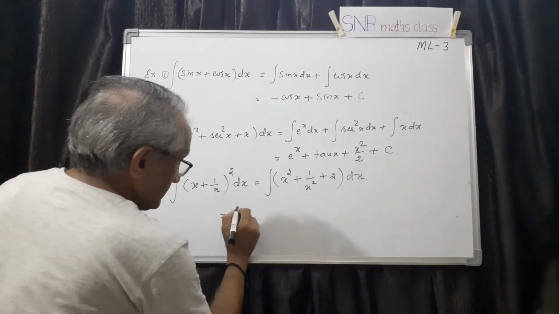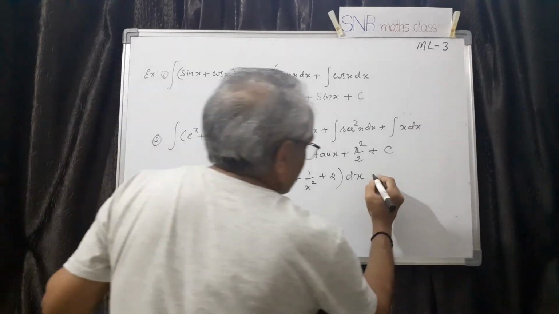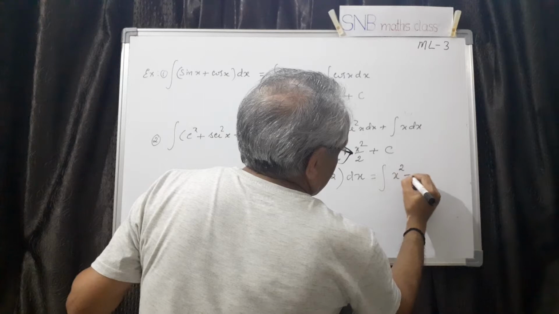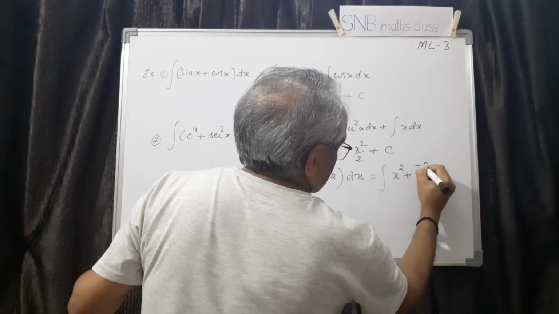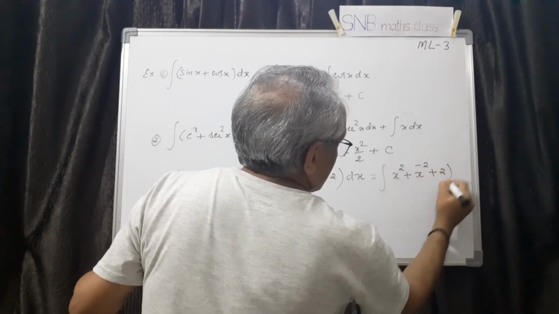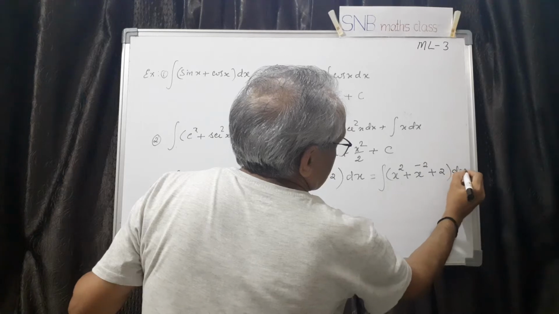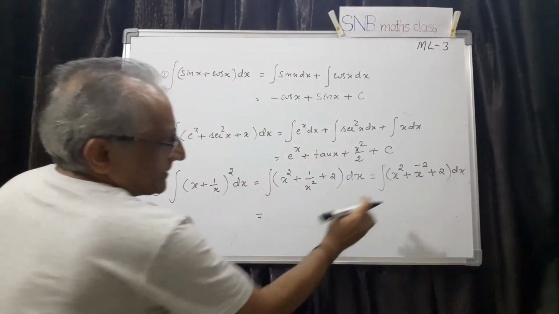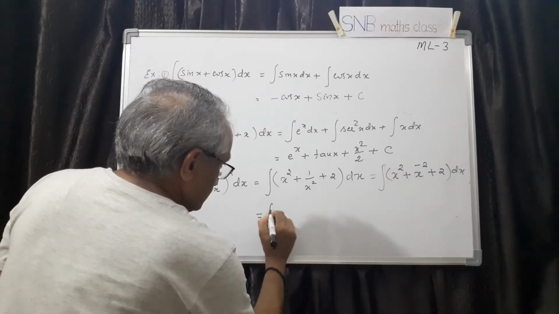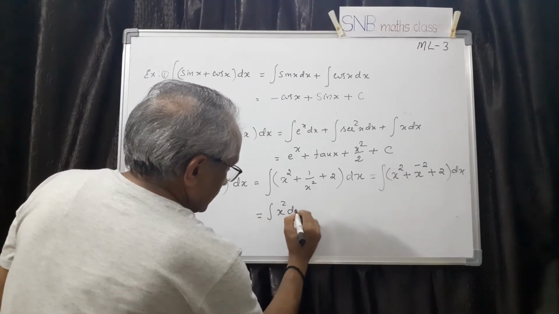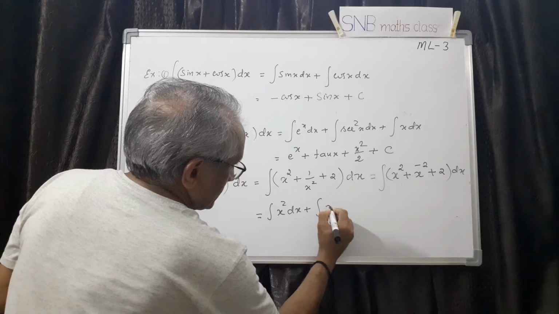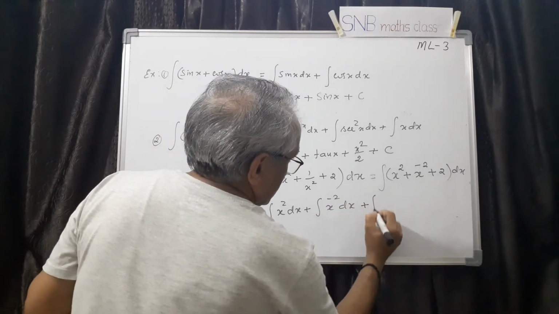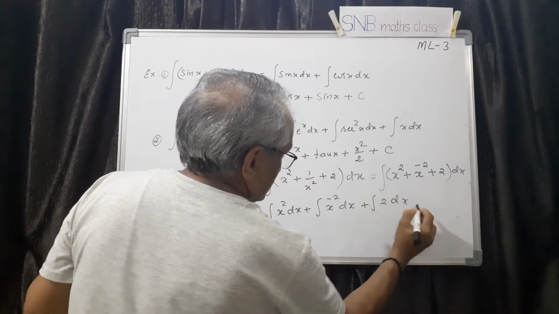Please note, this can be written as x square plus x power minus 2 plus 2 then dx. So this can be written as, of course you can split it, integration of x square dx plus x power minus 2 dx plus integration 2 dx.